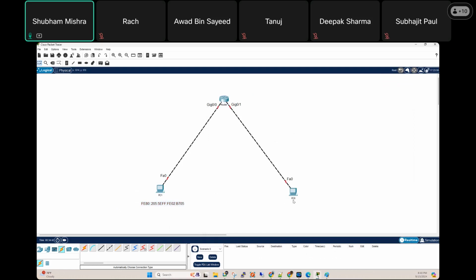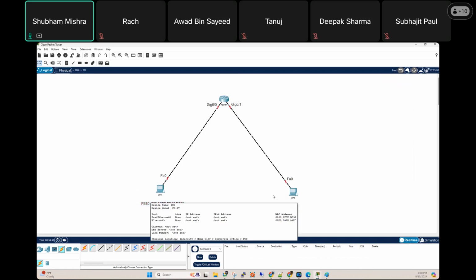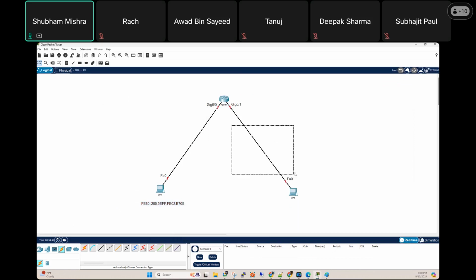Similarly, if PC number 2 wants to communicate with PC number 1, it must exit its network. Yes or no? So it means we need to specify the default gateway. Otherwise, how will PC number 1 know what the exit point is?